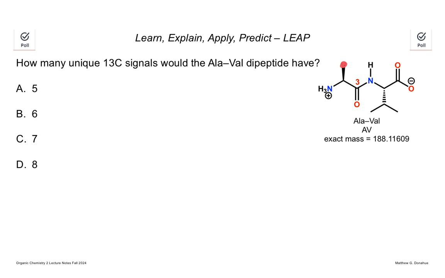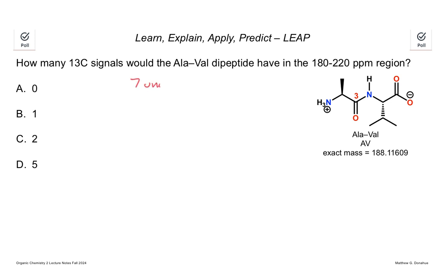So 1, 2, 3, 4, 5, 6. The methyl groups are the same, so it's 7. And based on carbon NMR, you could get an idea of what amino acids are in there. And again, this is a point at which all of these instrumental techniques come into play to really figure out what the structure is.